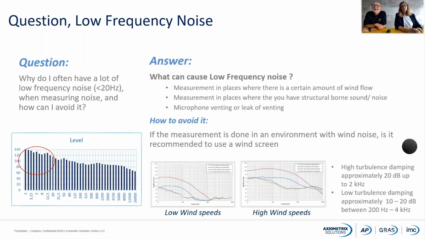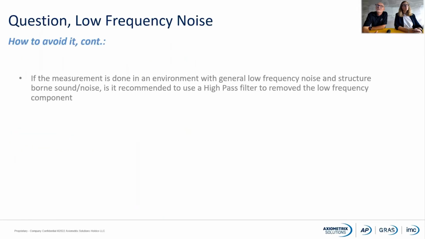So we have high turbulence damping up to 20 dB, up to 2 kilohertz, and low turbulence damping of approximately 10 to 20 dB, up to 4 kilohertz, or in the frequency range between 200 hertz and 4 kilohertz. It's one way. There's another way.